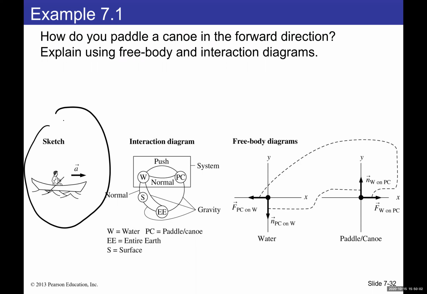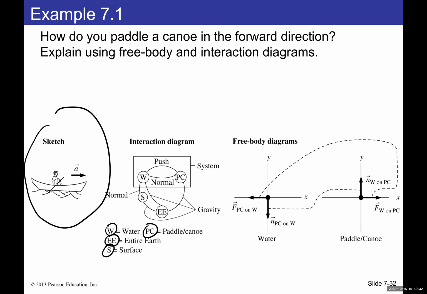So there's water. W is for water. Then PC is paddle canoe. E is the entire Earth. S is the surface. So we know that paddle canoe basically interacts with water. Then there's also a surface and the entire Earth.